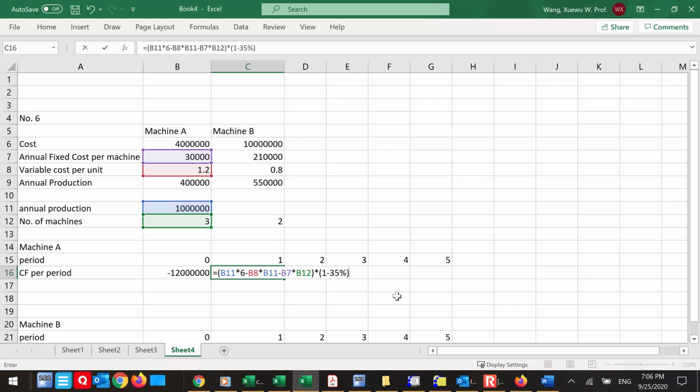If that's the case, you're going to ignore the depreciation, so we just need to put back the tax benefit of depreciation. The tax benefit of depreciation is the tax rate, which is 35%, times the annual depreciation. I have this amount here, and I need to make it positive, so I flip the sign, or I can use the absolute function, which takes the absolute value of a number.